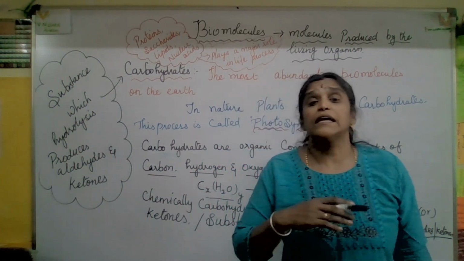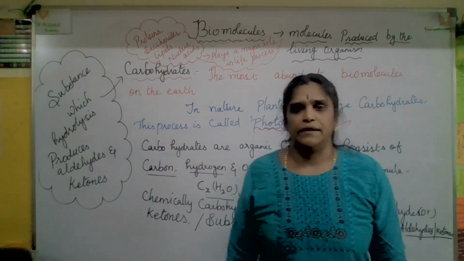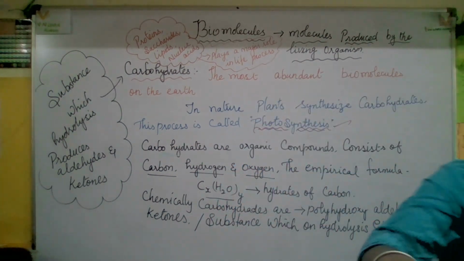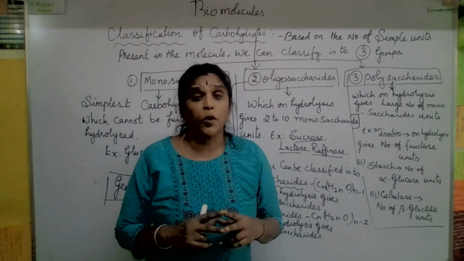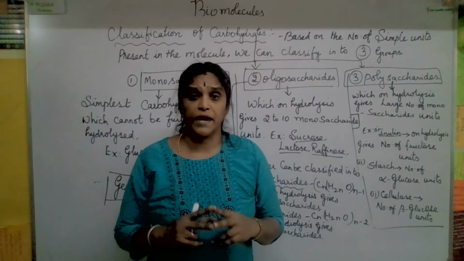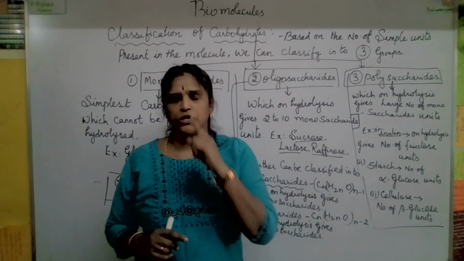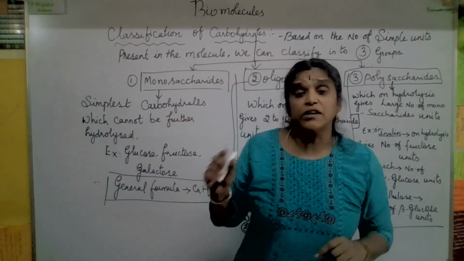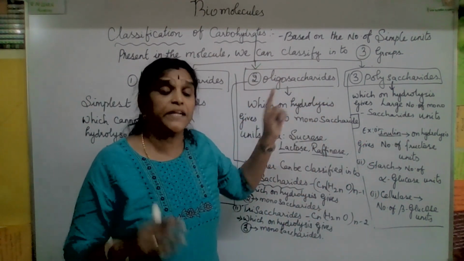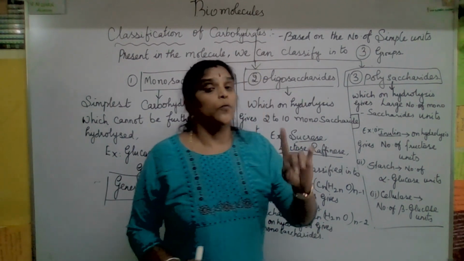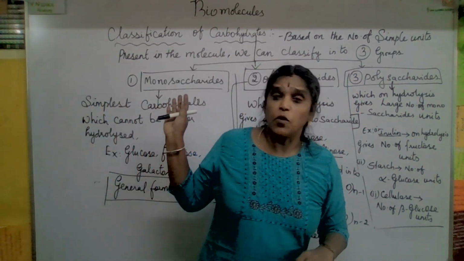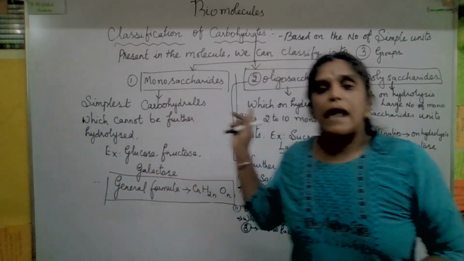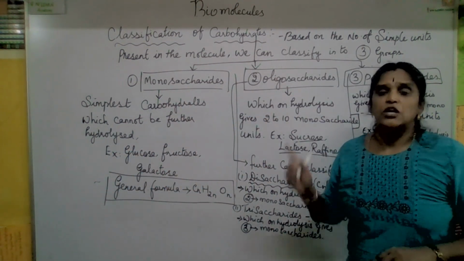Let us go for the classification of carbohydrate. It's a very important question. Based on the number of simple units present in the molecule, carbohydrates can be divided into three groups: monosaccharides, oligosaccharides, polysaccharides.